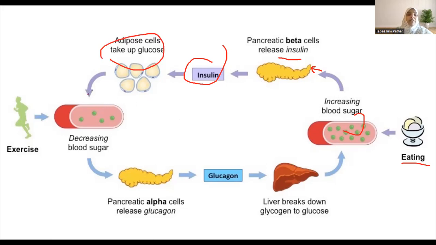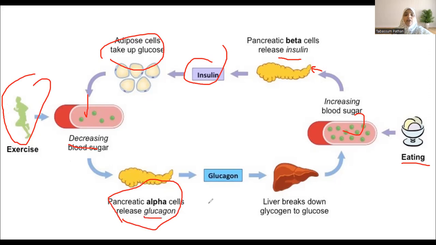Okay. Now, if there is decreasing blood sugar, if you do an exercise, if you are running or carrying out some physical activity, and the blood sugar decreases, what will happen? The alpha cells of the pancreas will get the signal, they will release glucagon. Glucagon will be released, and then this glucagon will signal the liver to carry out breakdown of glycogen to glucose.